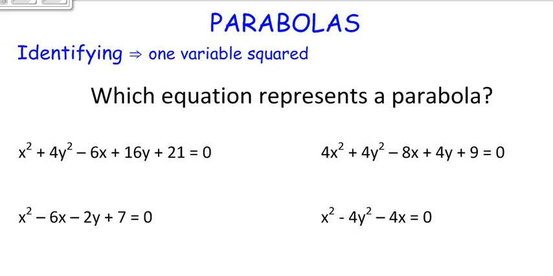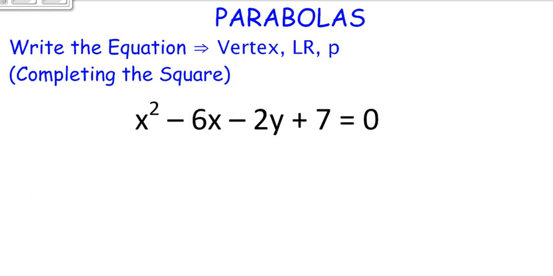Last but not least, we have the parabola. And so it's clearly going to be the one that only has one variable being squared. So that one is our parabola. We're going to, again, complete the square.